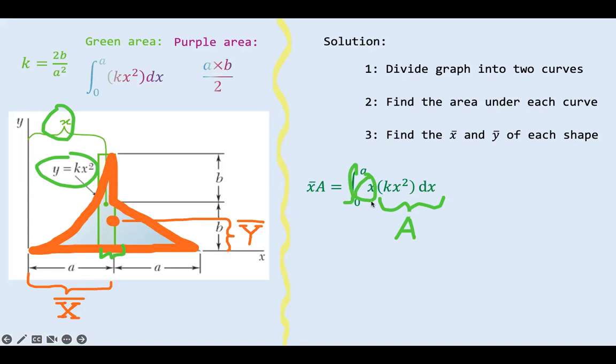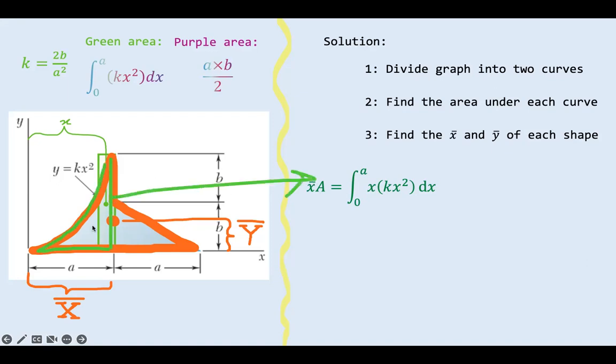This is simply how we find the centroid, by finding the distance of the centroid from the origin multiplied by the area, for each individual rectangle, and then summing up all those values to find the overall centroid of the first green shape. So this equation gives us the centroid of this green shape.